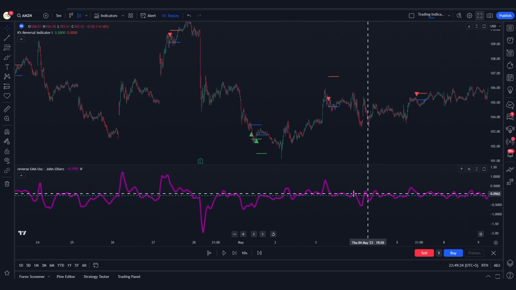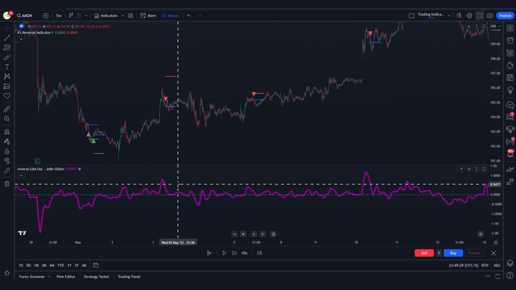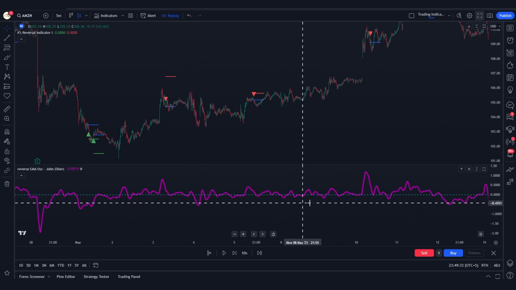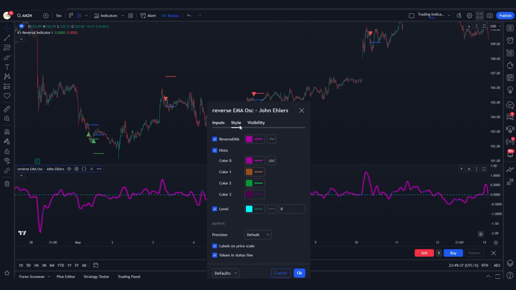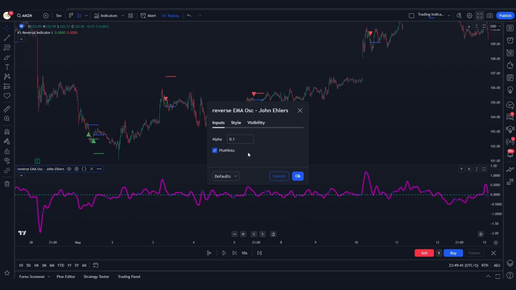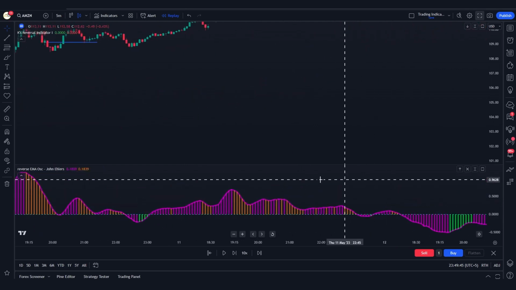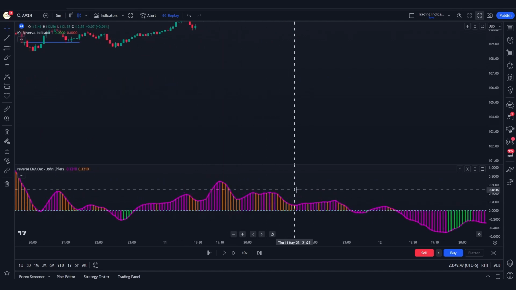This baseline is the zero line, and whenever the oscillator is above it, the market is in bullish momentum, and whenever it's below, the market is in bearish momentum. Let me go to the settings of this indicator and check the plot histograms option, hit OK, and we can see that we now get histograms plotted under this oscillator.